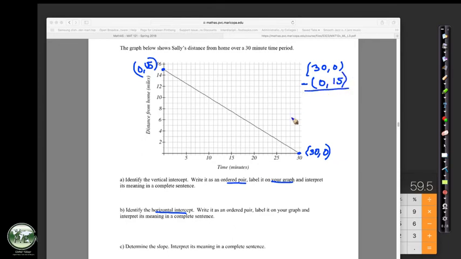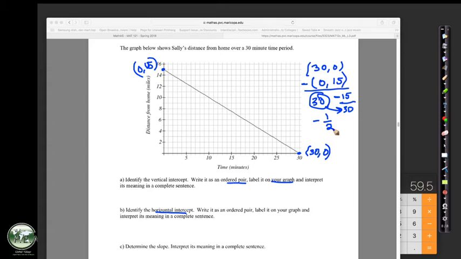And this is why using the vertical intercept and the horizontal intercept is really nice, because the subtractions are real easy since it always involves a 0. 30 minus 0 is 30. 0 minus 15, negative 15. I take 30, tuck it underneath the 15, and I get that her rate of speed is negative 15 over 30, which reduces down to 1 over 2. 1 mile every 2 minutes.